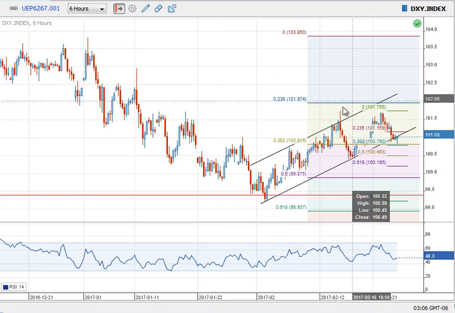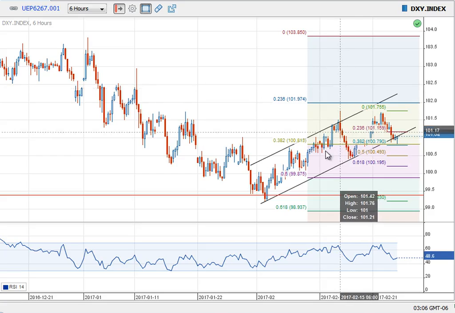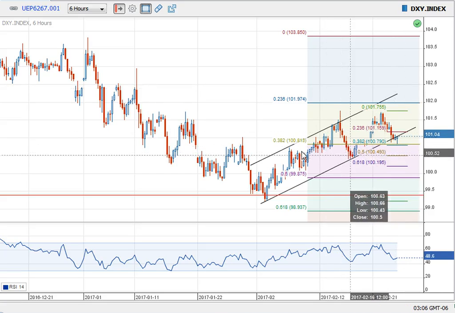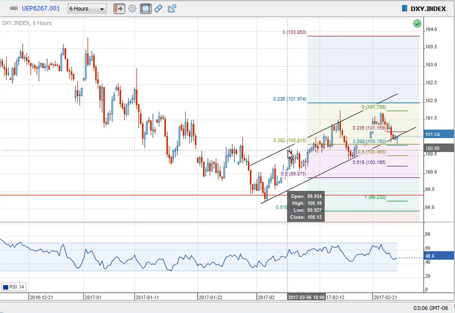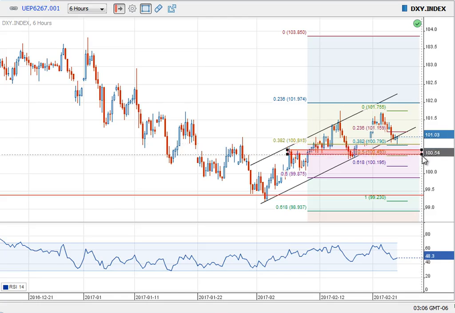So basically what I want you to notice here is this zone. I'm going to grab a rectangle again and point out where this zone is actually at. This is the zone that is going to be our first level of support. You can see that it was previously tested as resistance.